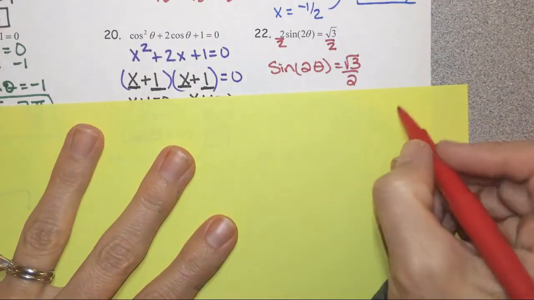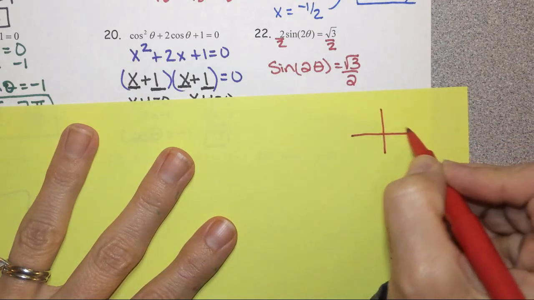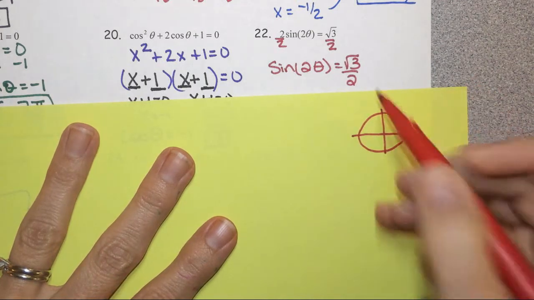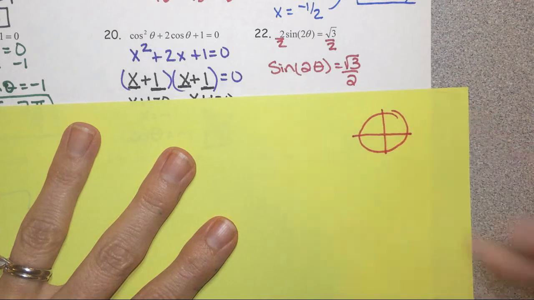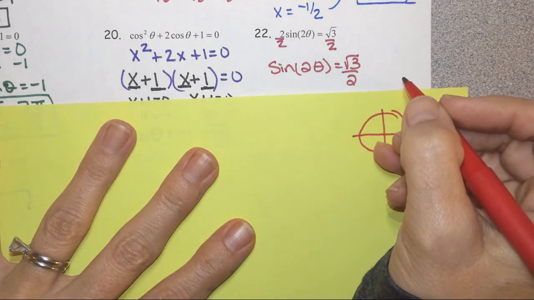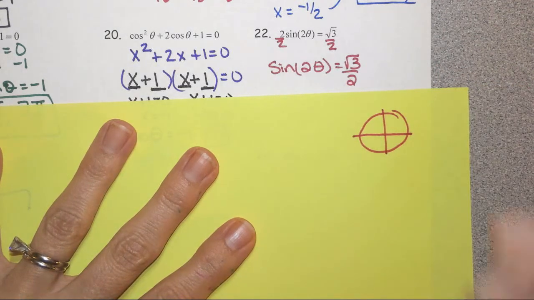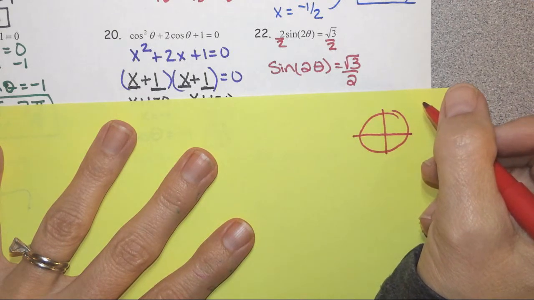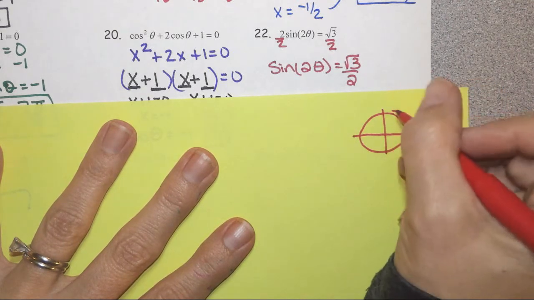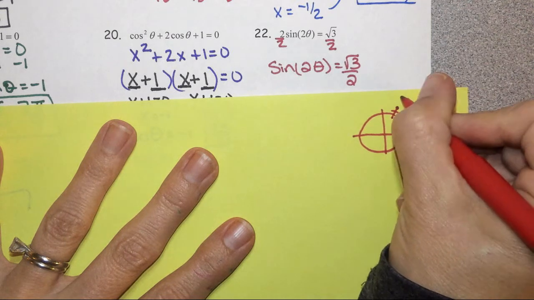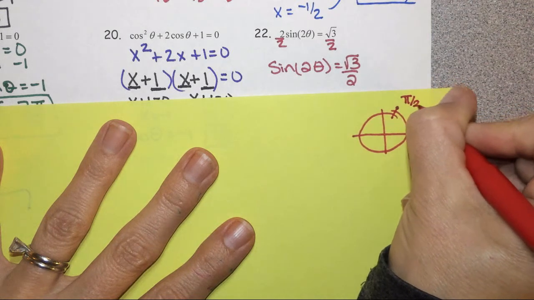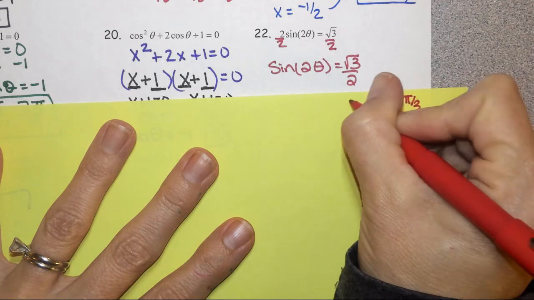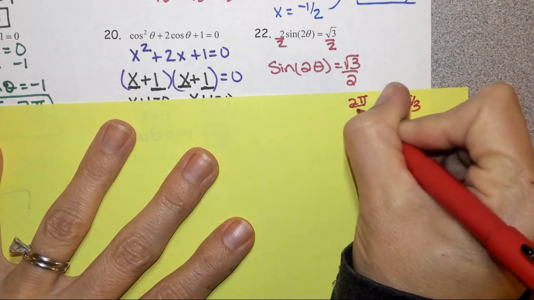Okay, so I'm going to go draw my circle. That's the first thing I'm going to do. And I'm going to figure out where does y equal root 3 over 2. All right, well, y equals root 3 over 2 at pi over 3 and at 2 pi over 3.